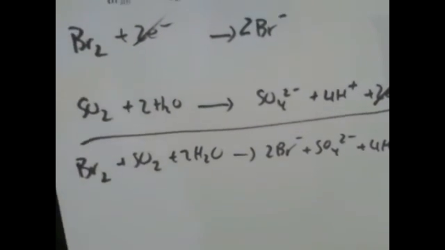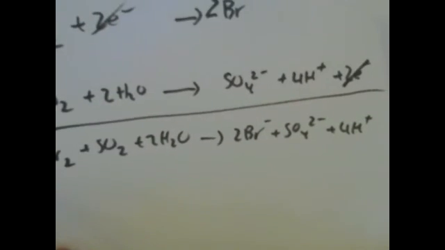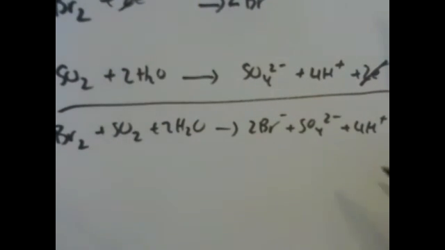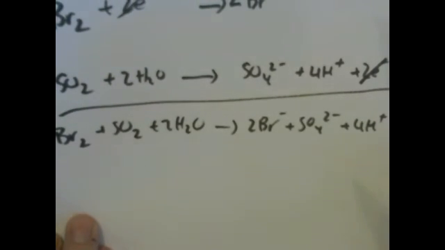Now, the only difficulty here is that this has got 4 hydrogen ions present, and it says that it has to be in base. So what I've got to do now is add 1 hydroxide to either side for every H+, and then combine H pluses and OH minuses to make waters, and then finally cancel the waters.